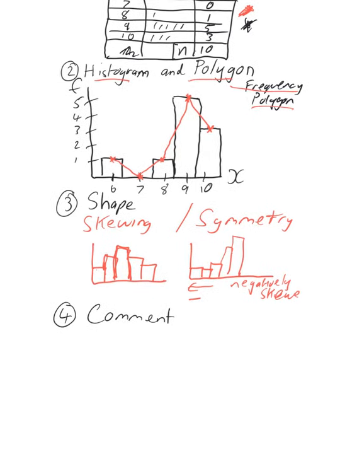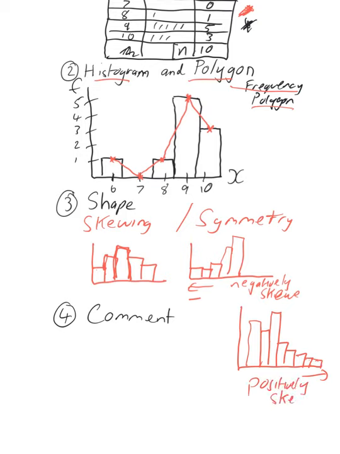If, on the other hand, there's some higher scores in the low area, and then they tail off, and so that's pointing in this direction, in the positive direction, then we say this is positively skewed. So most histograms, not all, can be categorised as being symmetrical or almost symmetrical, or negatively skewed or positively skewed. Most will fit into one of those three categories. Sometimes they don't, sometimes there's no pattern at all.